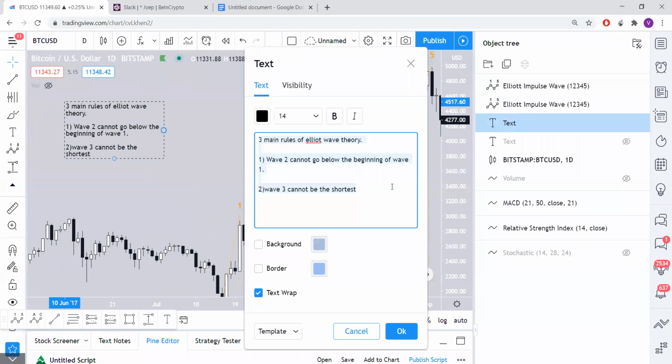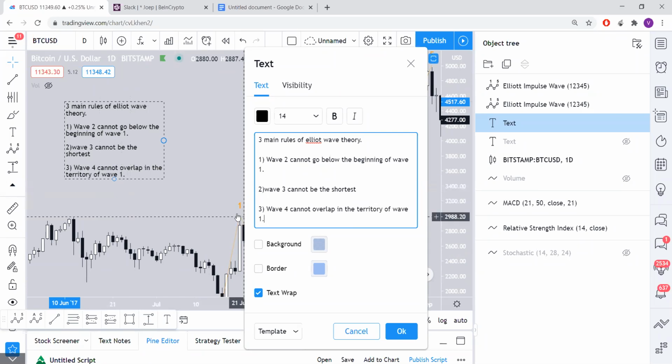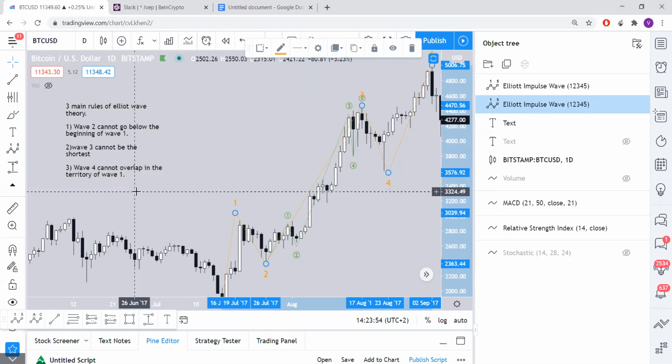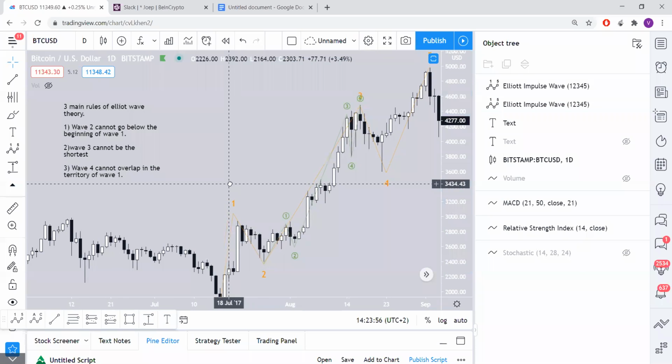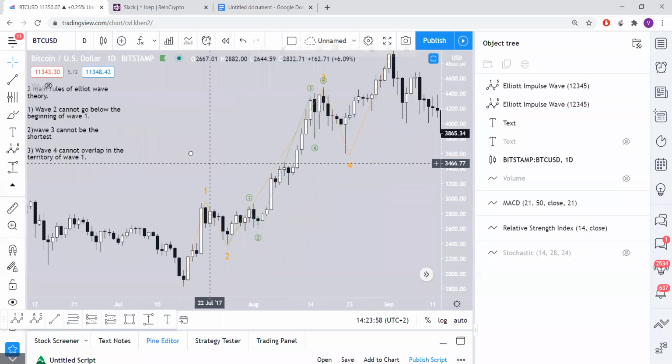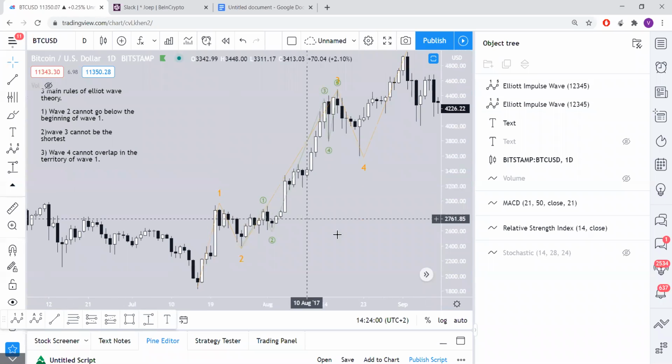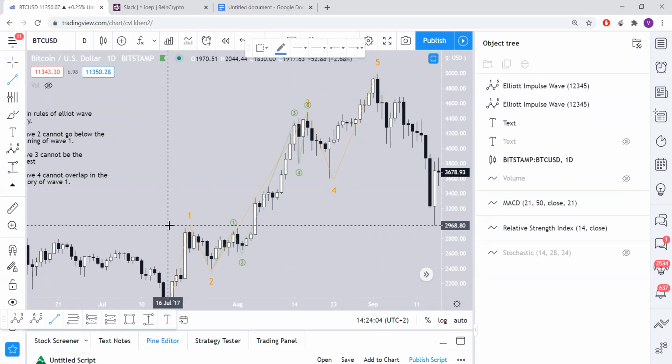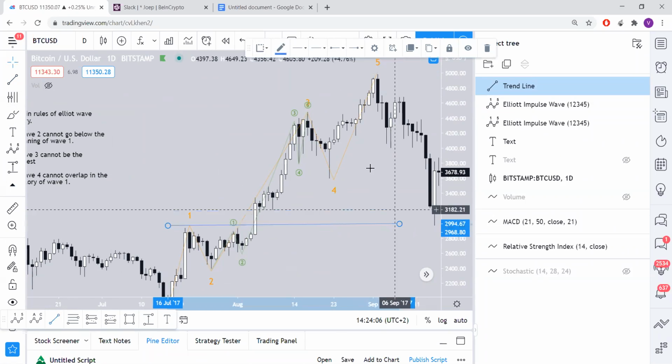And the third one, wave 4 cannot overlap wave 1. This is the one we later use to place stop loss. I feel it's extremely important in placing stop losses. So in this case, neither of the rules are broken, right? So the orange wave count would be invalidated right here.